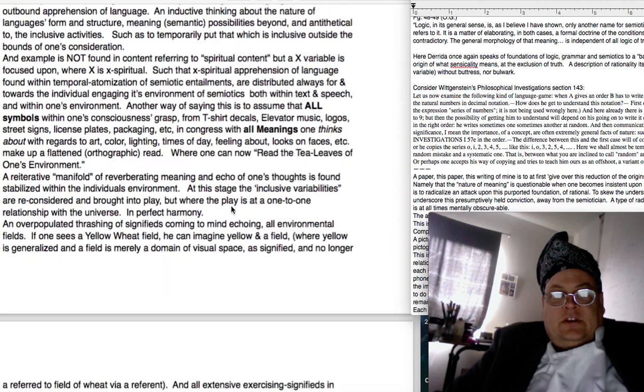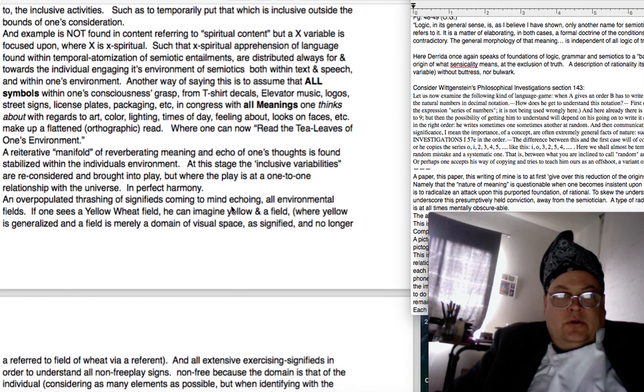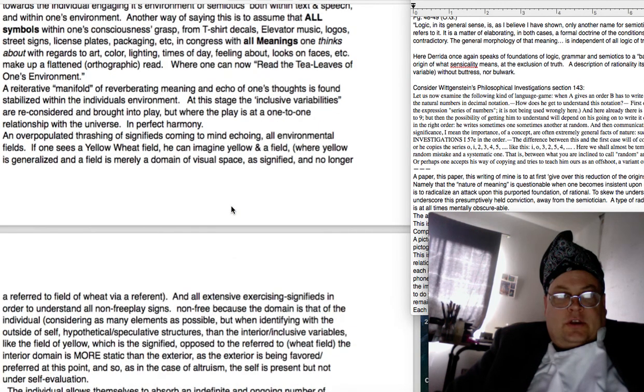Another way of saying this is to assume that all symbiosis within one's consciousness is grasped from t-shirt decals, elevator music, logos, street signs, license plates, packaging, etc., incongruous with all meanings one thinks about with regards to art, color, lighting, times of day, feelings about, looks on faces, etc., make up a flattened orthographic read, where one can now read the tea leaves of one's environment.